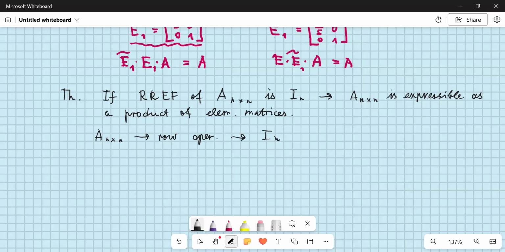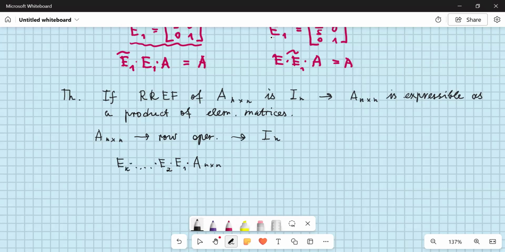We're going to take matrix A_N and start multiplying it by elementary matrices, which are doing the same row operations. For example, the first row operation is represented as matrix E1, the second row operation as matrix E2, and, depending on how many steps we have, the last row operation is EK.